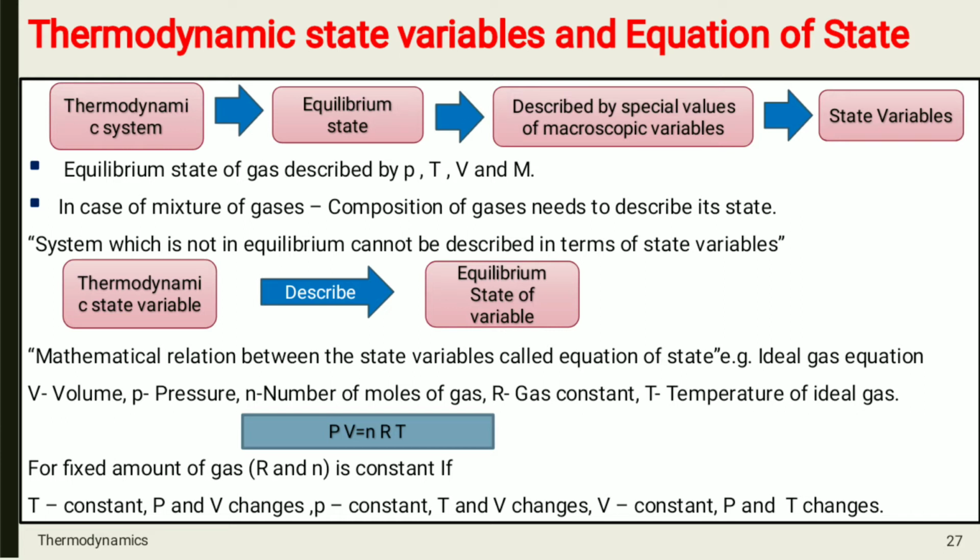If we keep the pressure of that gas constant, then temperature and volume of that gas will change. And if you keep the volume of that gas constant, then pressure and temperature of that gas will change.